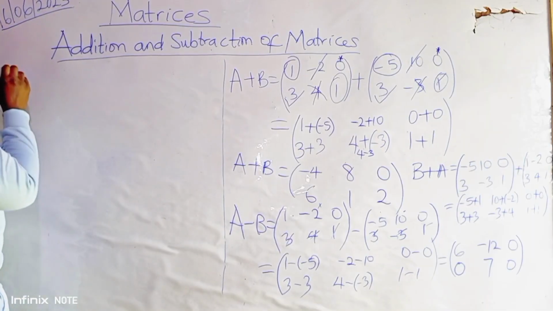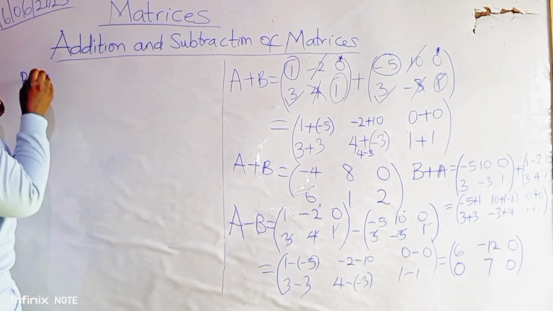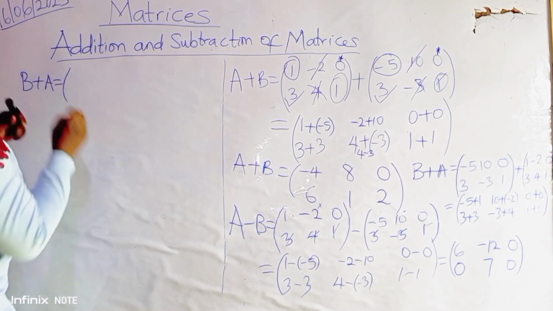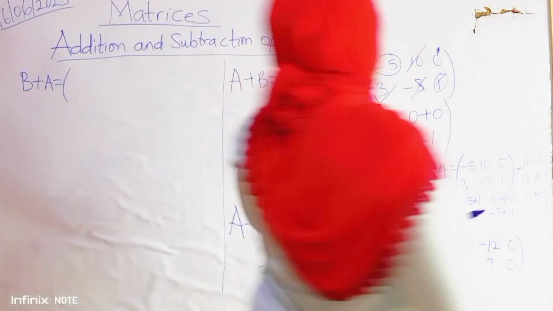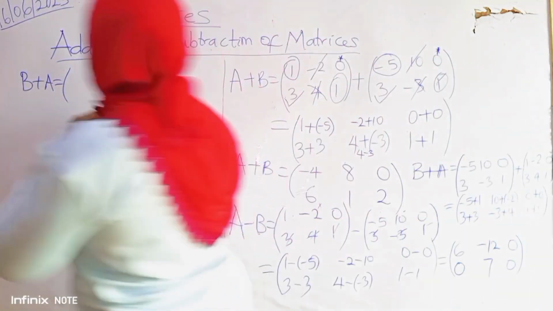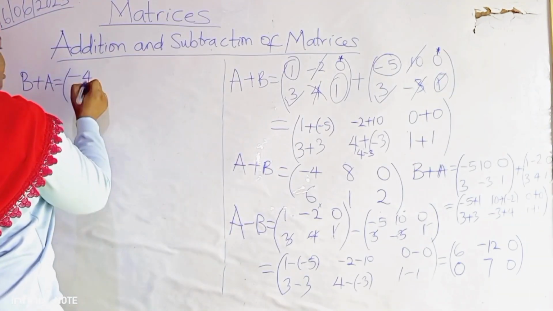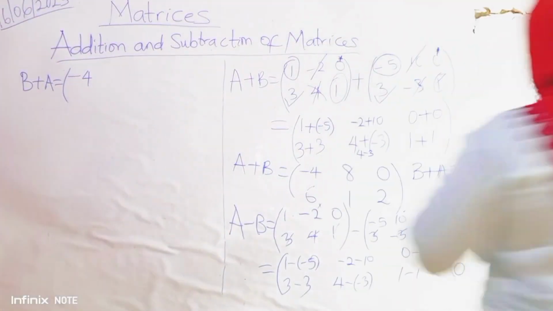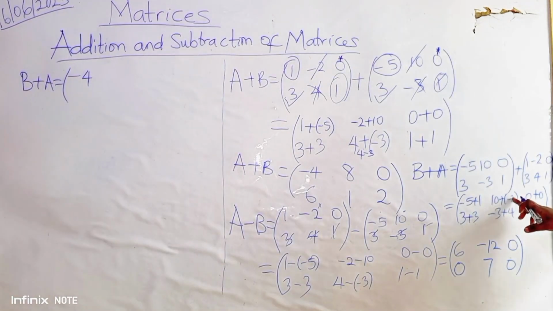So B plus A is now equal to, from this side, minus 5 plus 1, that is minus 4. Plus multiplied by minus gives us minus, so it becomes 10 minus 2.